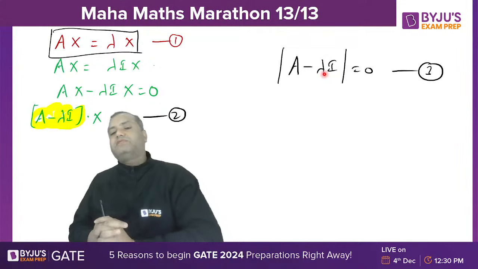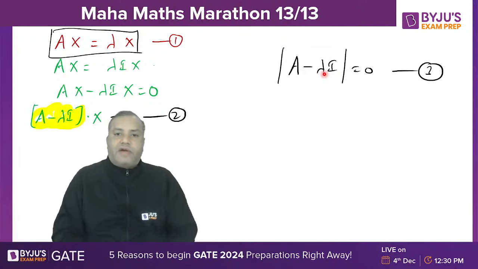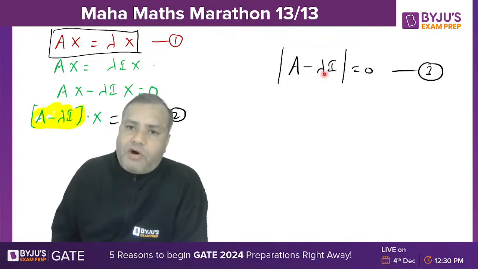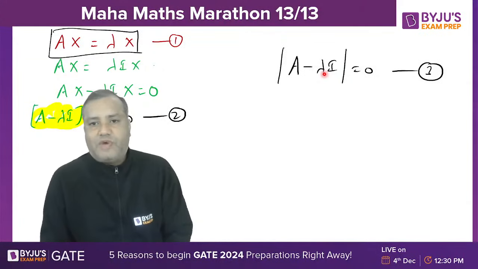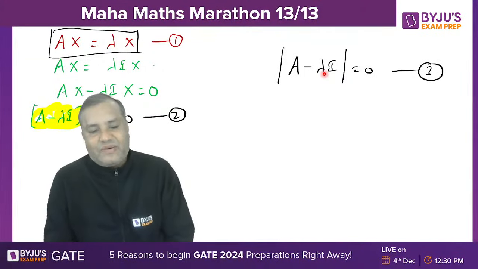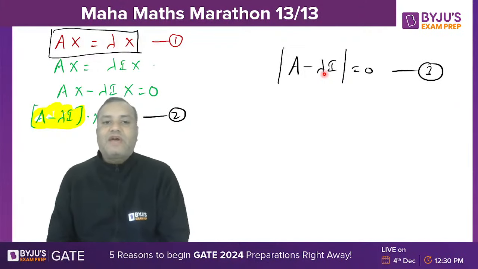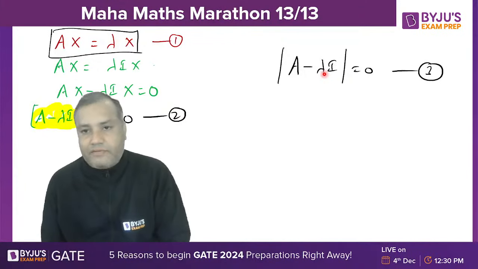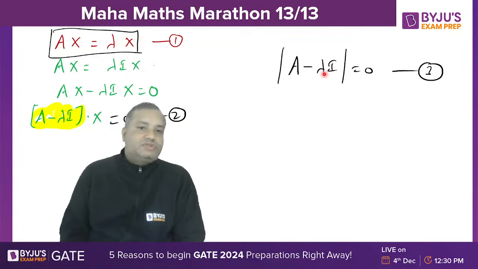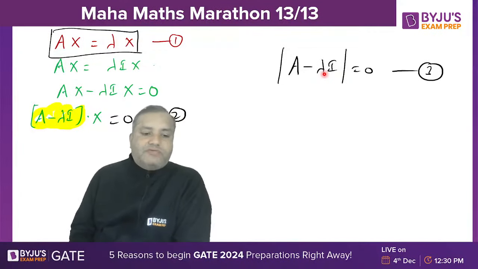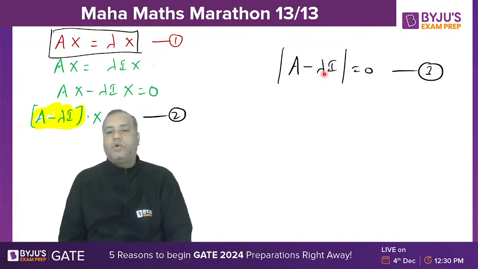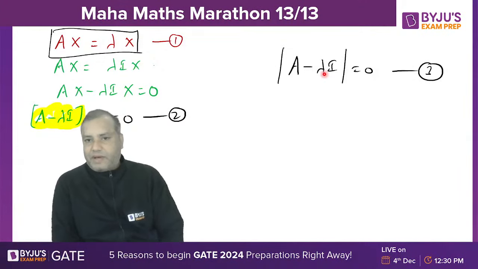The concept of eigenvalues and eigenvectors is valid only and only for a square matrix. It's a blunder if someone says the eigenvalues of a rectangular matrix exist; they never exist. Remember?